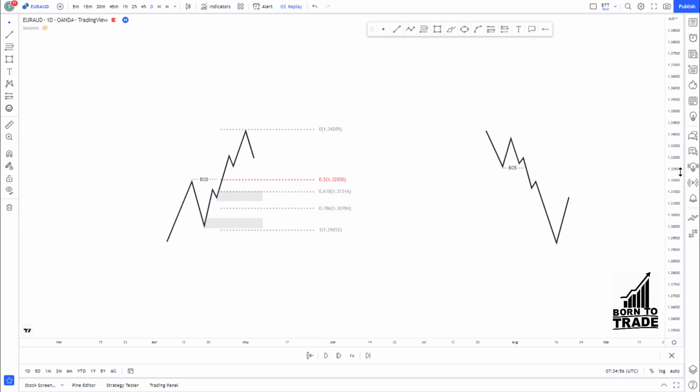Okay, so like I just said, the first zone right here is totally invalid because that zone is located at our premium level. So what we want to do right now is to wait for price to come back, tap into this zone. This particular zone aligns with the 0.618 level, and you can trade from that zone. That is what you need to do, is waiting for lower time frame confirmations to trade from that zone.